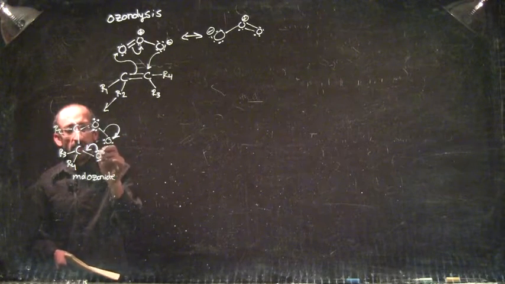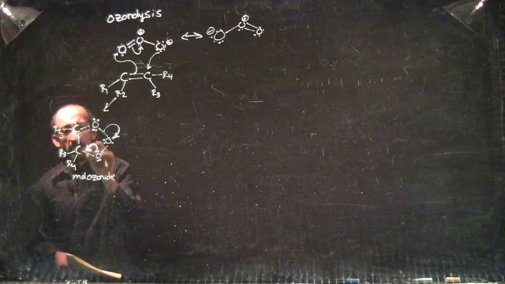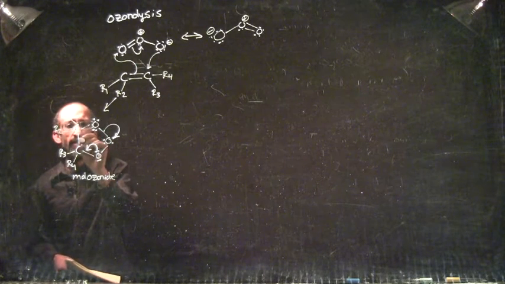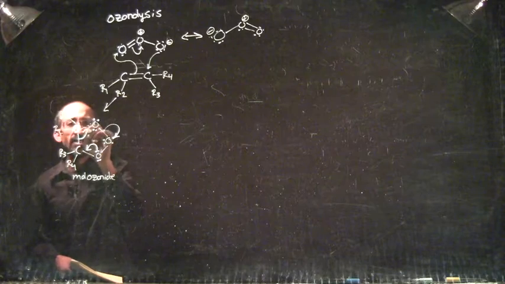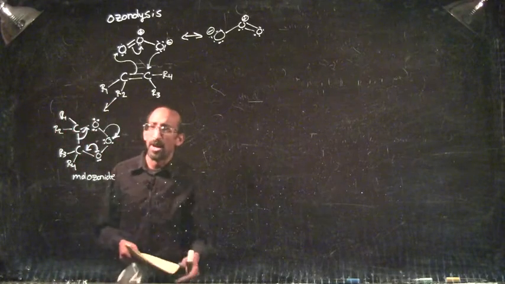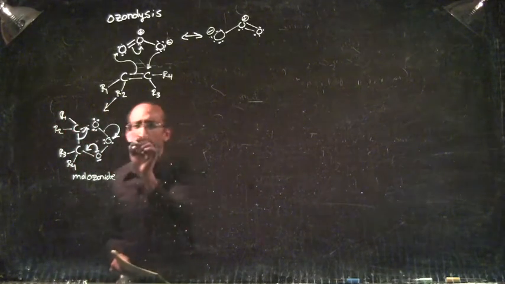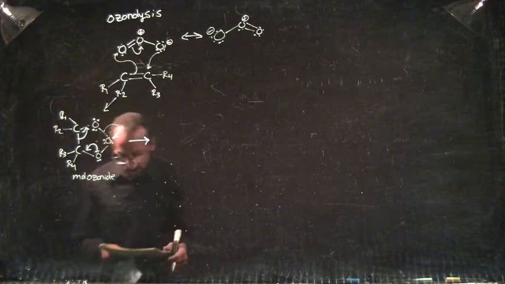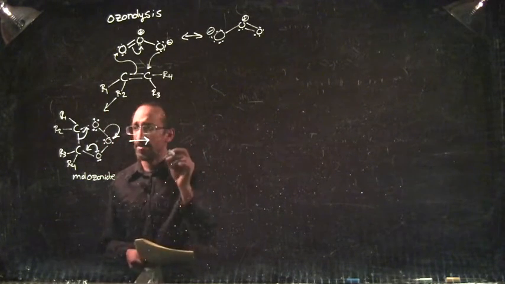A lone pair of electrons from this lower oxygen here makes a carbon-oxygen double bond. The carbon-carbon sigma bond is going to break to make a new carbon-oxygen double bond. And we're going to get these 2 intermediates.